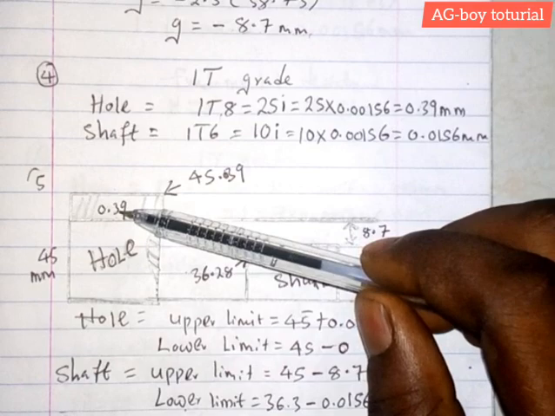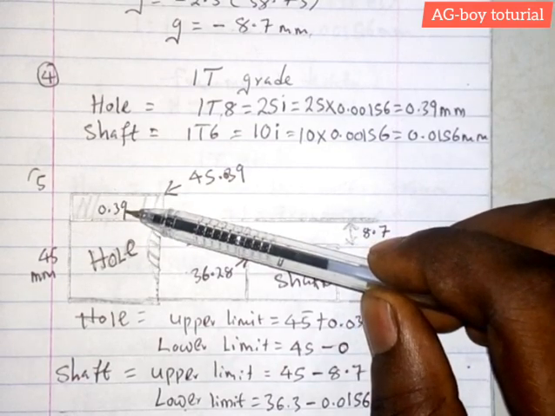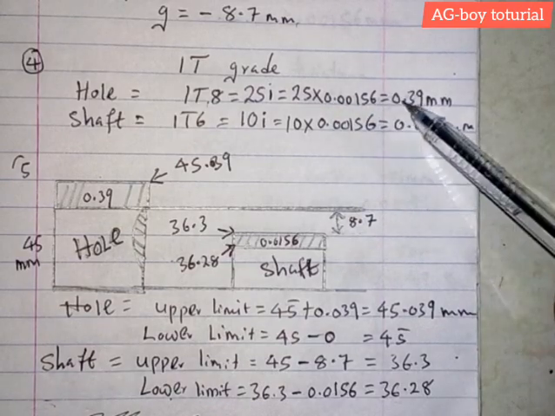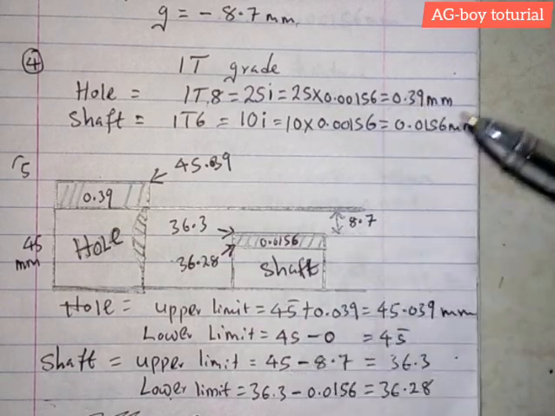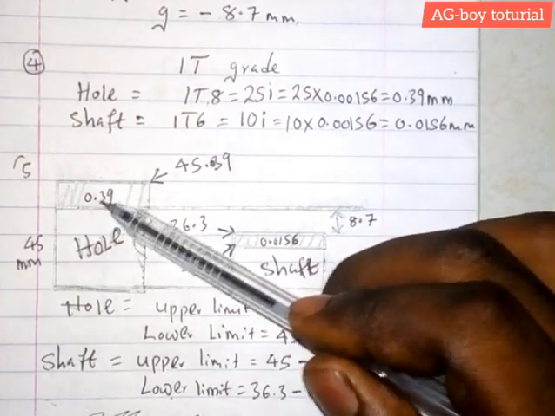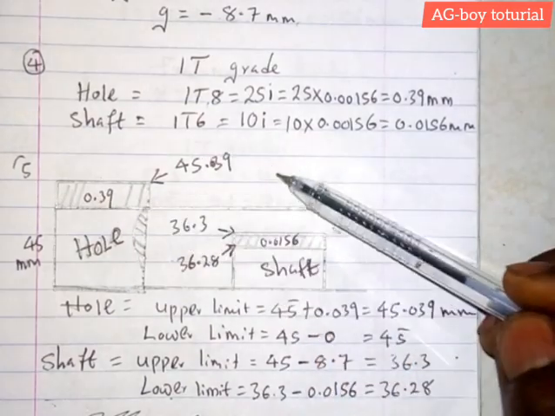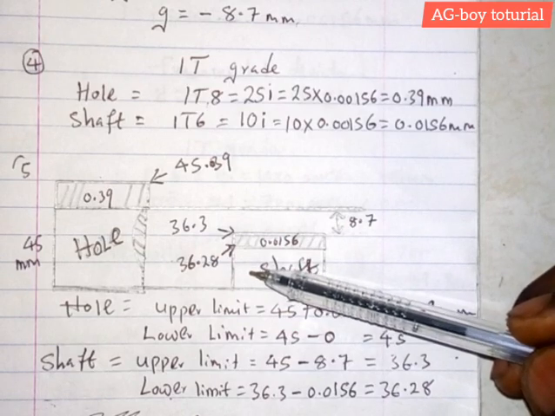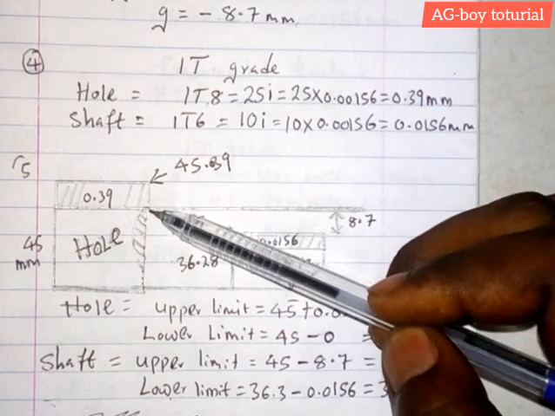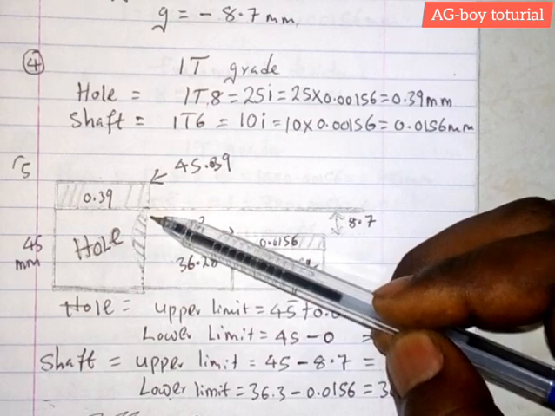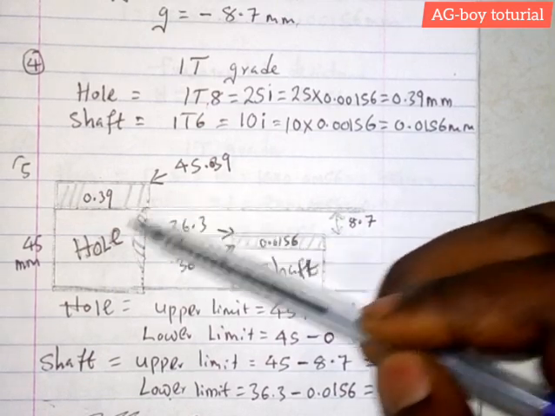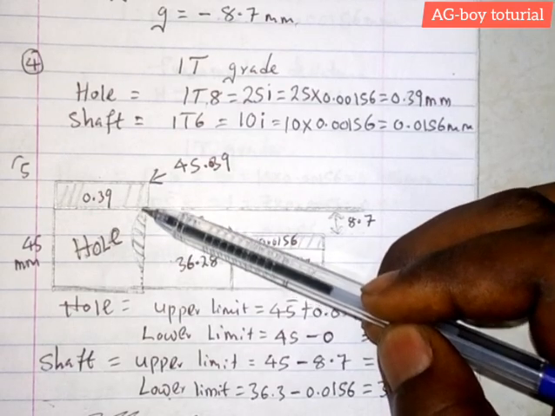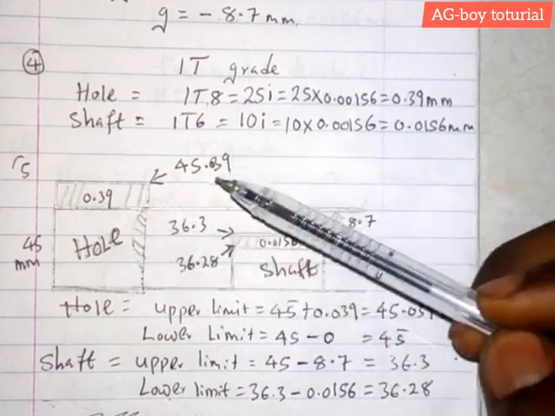Remember, my 0.039, we got it from our IT grade. IT grade is used to find the main tolerance, while the fundamental deviation is used to find tolerance below the basic size. That is below the basic size if it's for the hole. So below the basic size is 0. That is our H was 0.